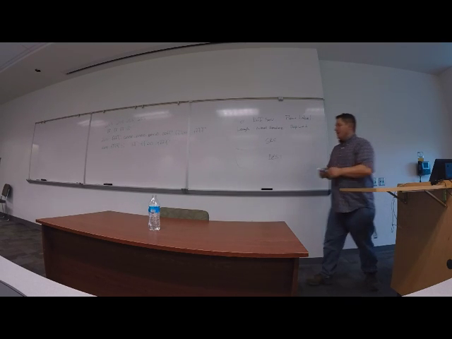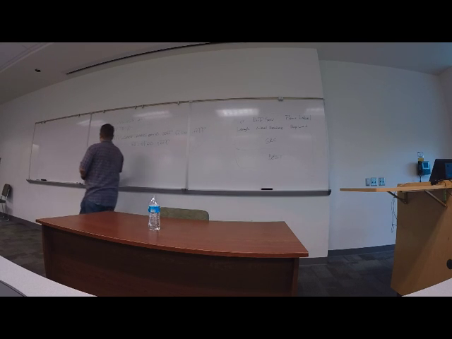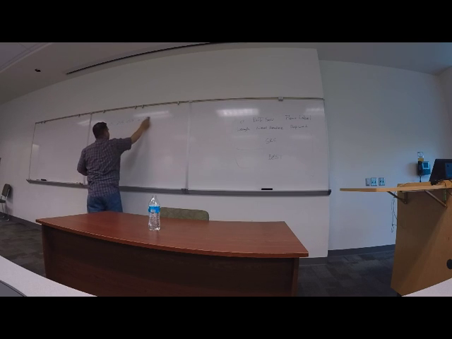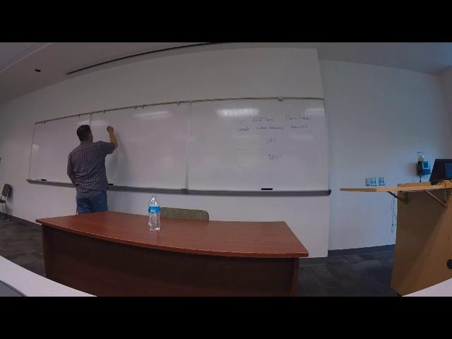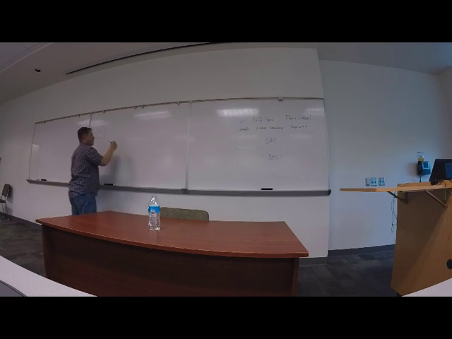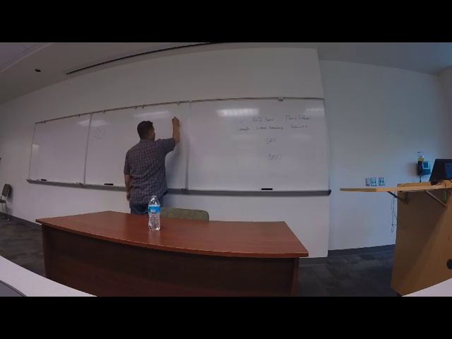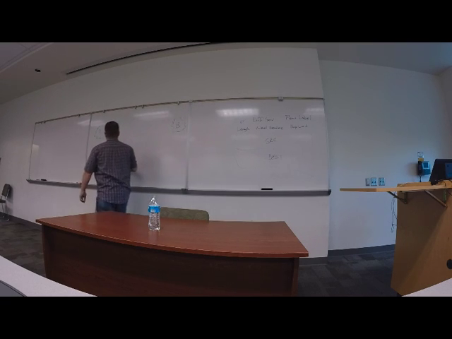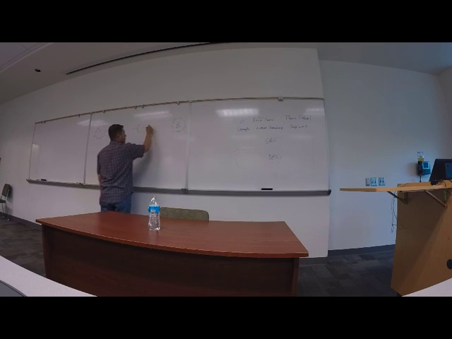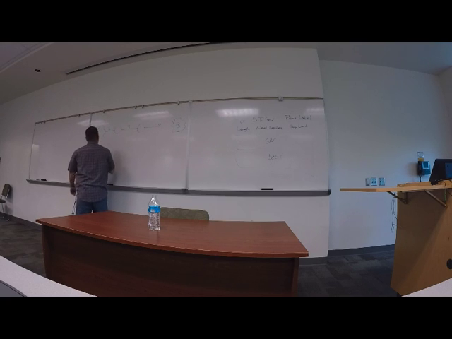So let's say we have, and this works both ways actually, kind of, let's say we have network A over here and network B. This is a 6 network, and a 4 network.